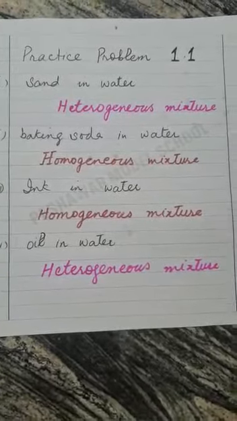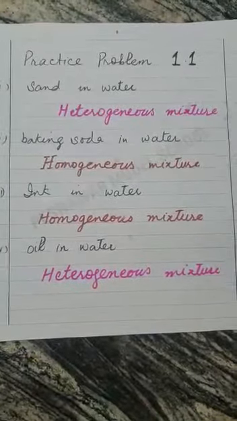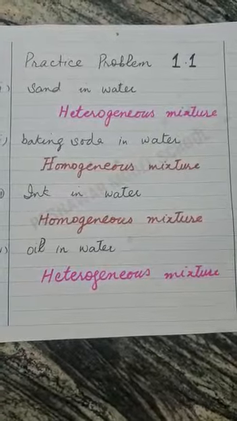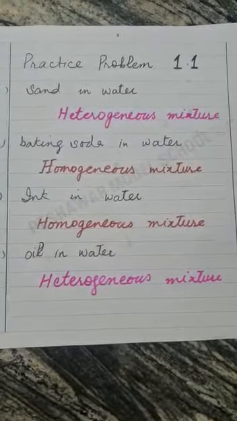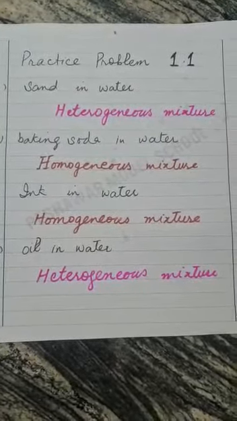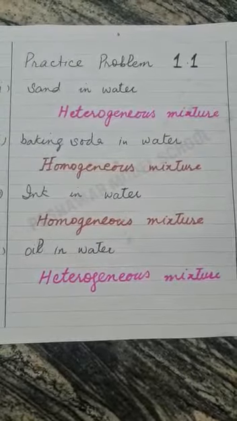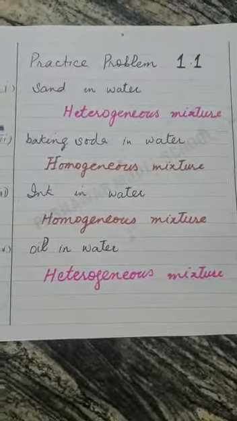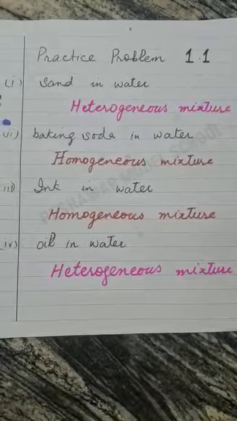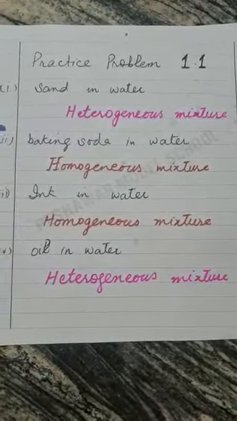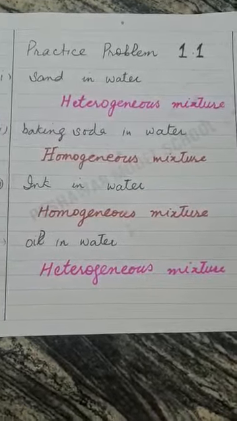In the first situation, we have sand in water. Sand in water is a heterogeneous mixture because sand cannot dissolve in the water, so the sand particles are visible to you. Similarly, baking soda is like salt, it easily dissolves in the water, so it will be a homogeneous mixture.